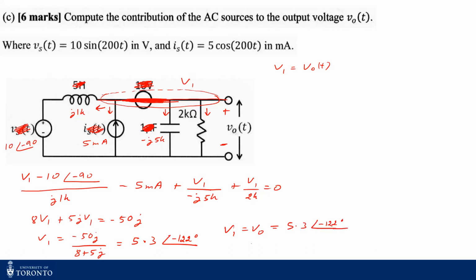So what's it in the time domain? Since I assumed everything in the cosine format, that's why I changed my sine to cosine. So my ultimate form would be the amplitude times cosine, and what's my omega? It's 200, so 200t. What's my phi? It's minus 122 degrees. So that's my V naught t in volts.